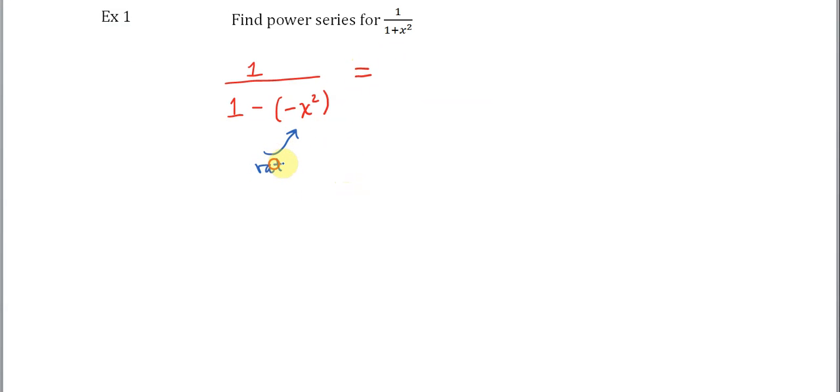So that means this expression can be expanded into a polynomial of 1, negative x squared, plus positive x squared times x squared, which is x to the 4th, minus negative x squared times negative x squared times negative x squared again, so x to the 6th and so on.